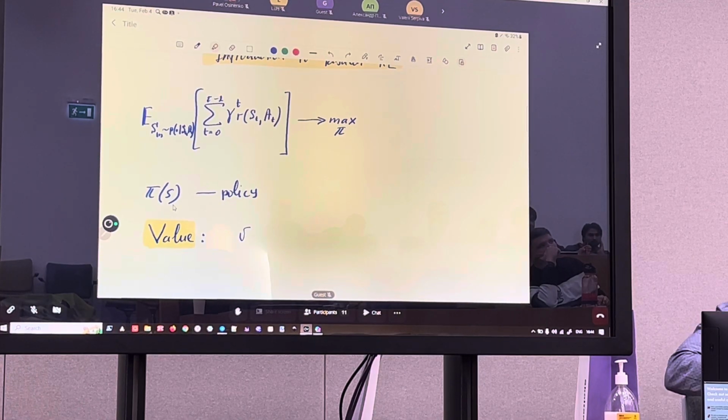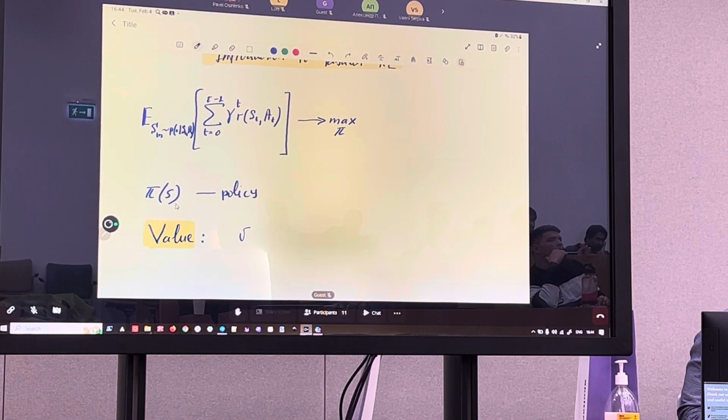Well, one evident answer: what does it depend on? Say it. Policy, of course. But anything else? S0. Yeah, starting state. So that's why value is just an alias for that objective.